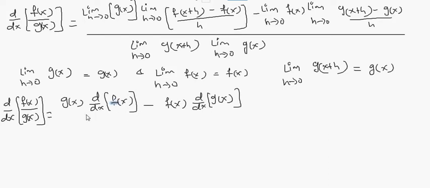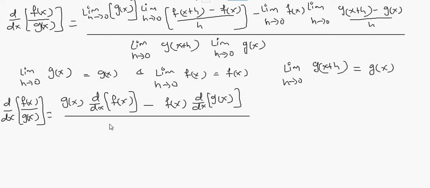and in the denominator you have g of x plus h, a limit of g of x plus h as h approaches 0 is g of x.